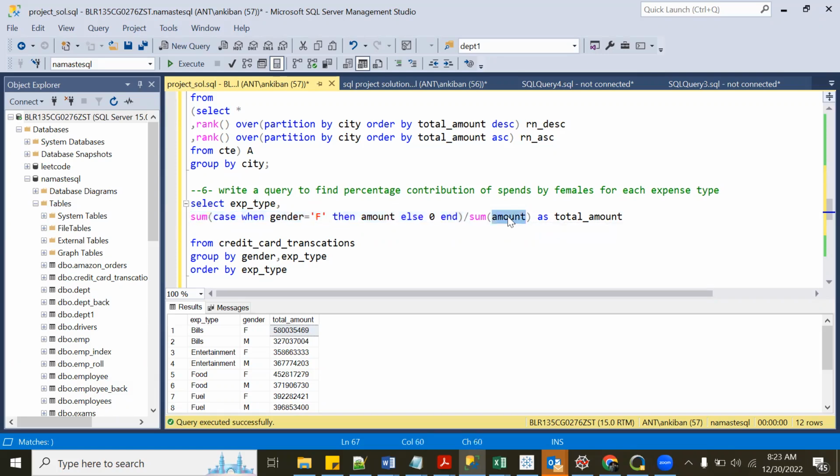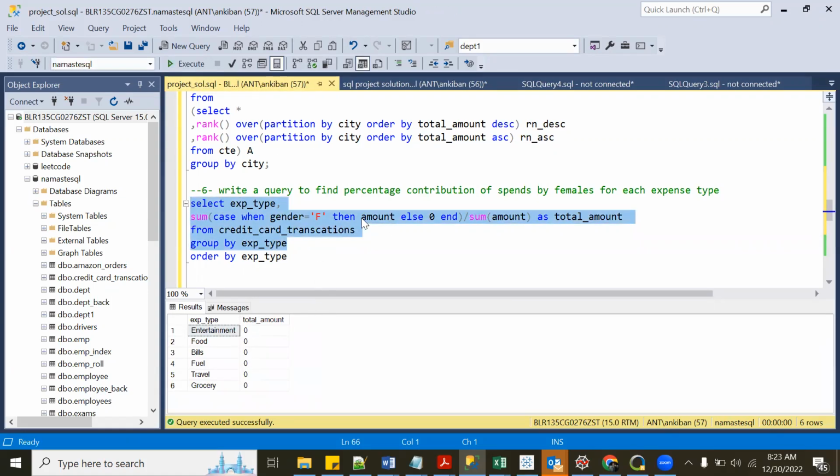In the denominator, I am getting total amount, isn't it? What do you guys say? Are we good here? I will get 0, right? Again, so I need to multiply it by 1.0. Right?